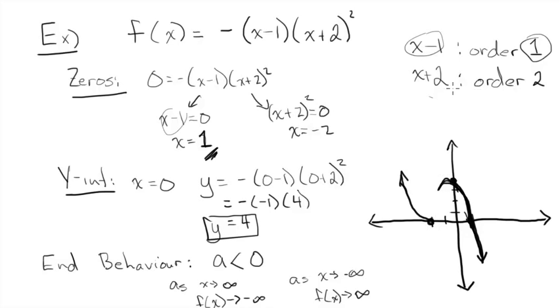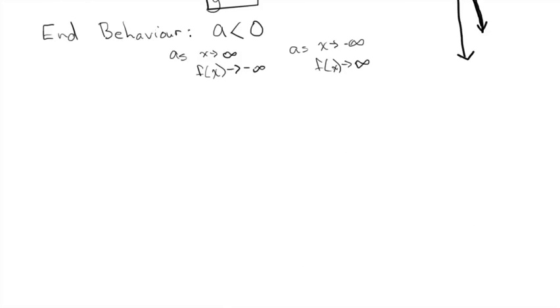This one, the order is 2. So x plus 2, which was the x-intercept of -2, looks like a quadratic around it. So that means it's just going to touch and bounce off the x-axis. Doesn't actually cross it. So the cubic looks something like that. So order 2, you get one that just touches the x-axis, doesn't actually cross it.